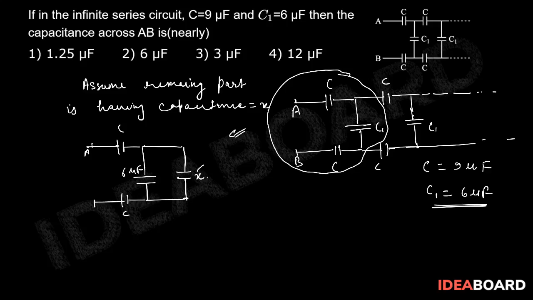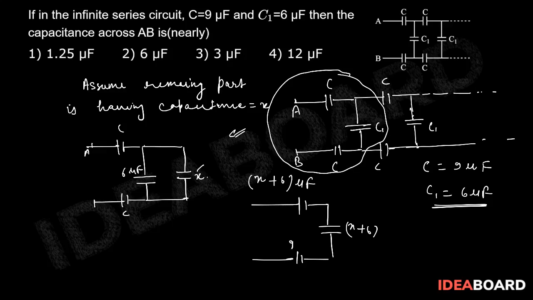So what is the equivalent of these two? The equivalent of these two will be X plus 6 microfarad, correct? So we can have the diagram like this: C, X plus 6, and another C which is 9 microfarad.